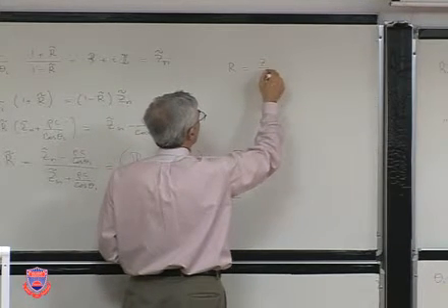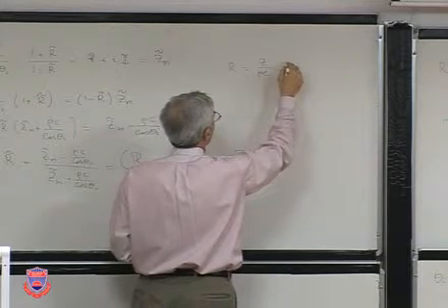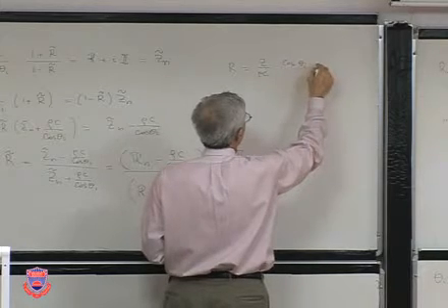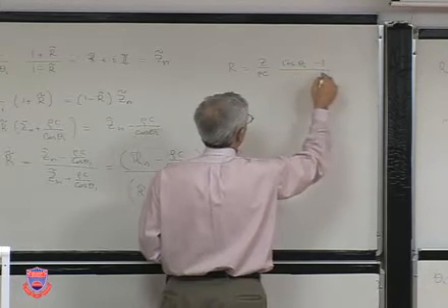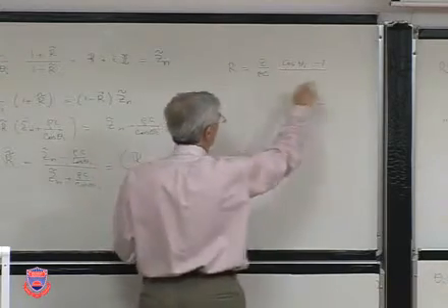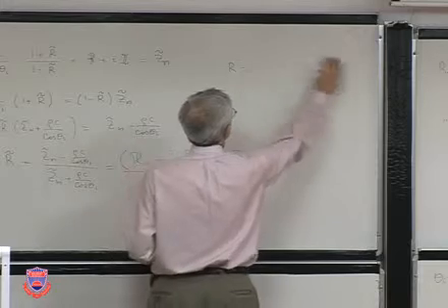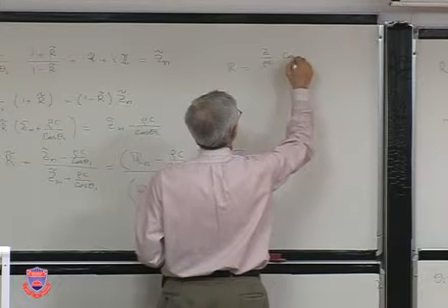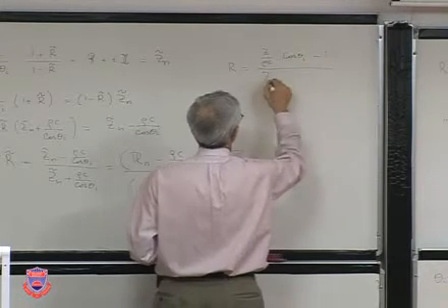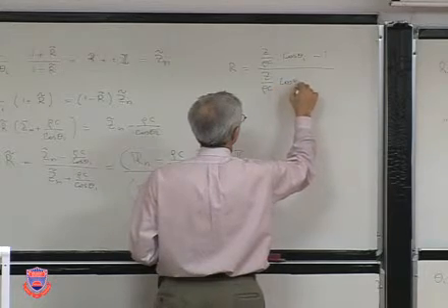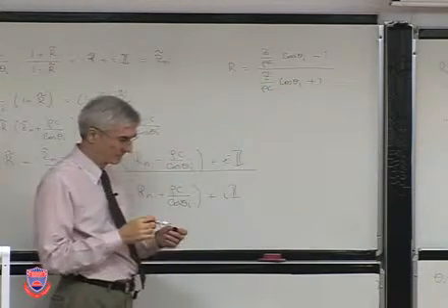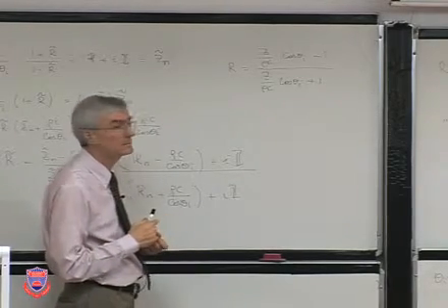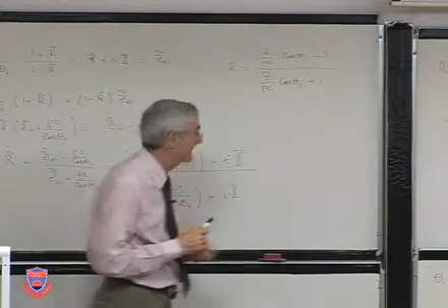Zeta n divided by rho c times cosine of the incidence angle minus 1, the whole thing divided by everything, cosine theta. And if I say that this is equal to 0, I will get an incidence angle of 73 degrees.